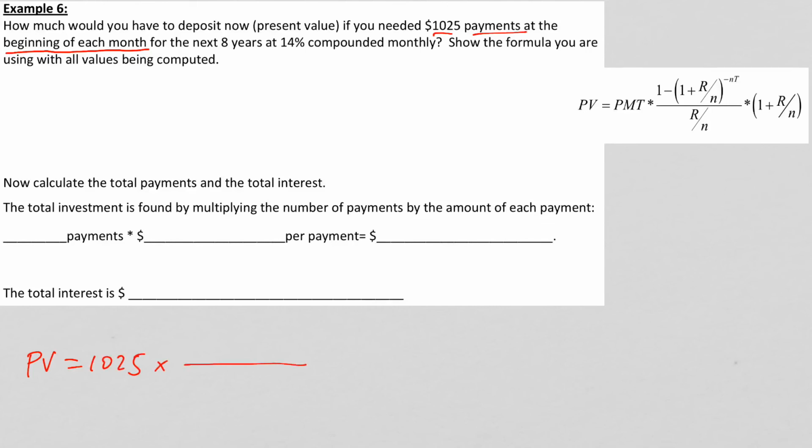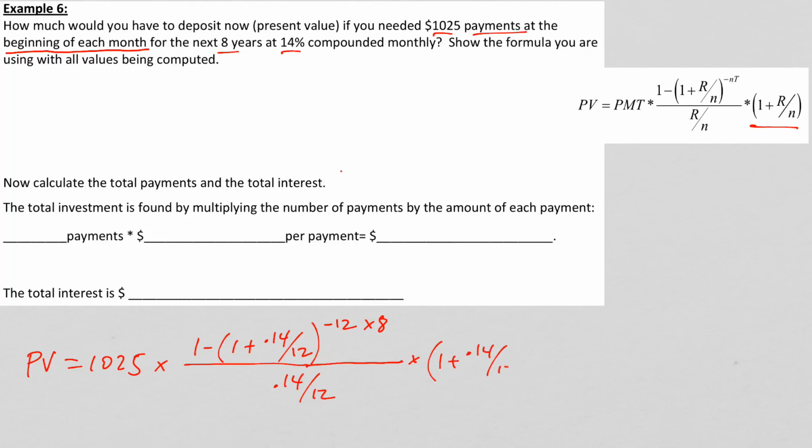So anyway, the present value would be the payment size, which is $1,025, times 1 minus 1 plus, this is a rate of 14%, for each month for 8 years. Now here's our extra little factor. This is going to be that right there, 1 plus 0.14 over 12.